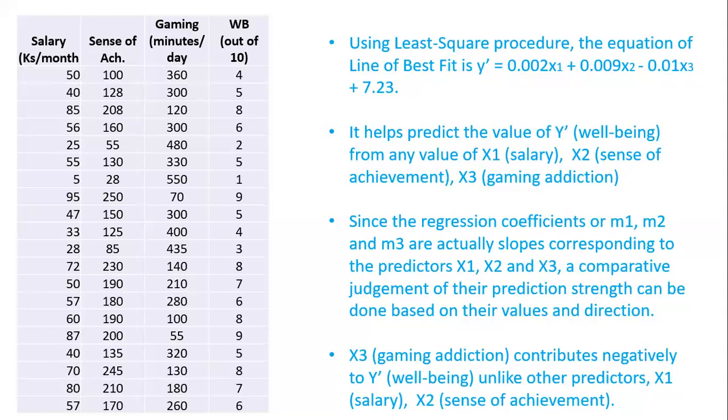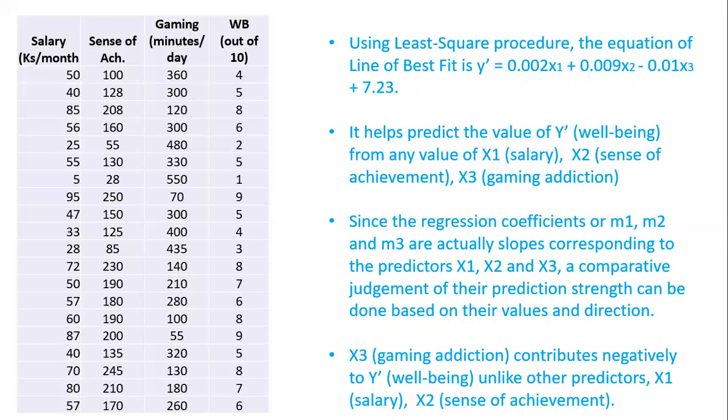Now x1 is having 0.02, which is much less slope than 0.09. So if we talk about our earlier question that we asked in linear regression analysis, what would be the change in y if we bring in change of 1 unit in the predictor variables like x1, x2, and x3 here.